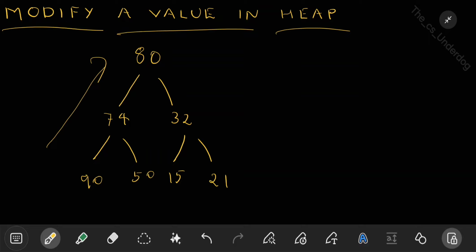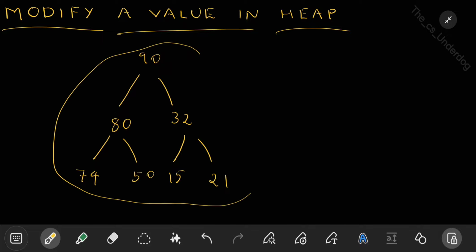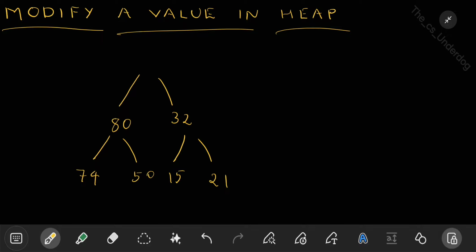I'll check 90 with 74, which is larger. 90 is larger, so I'll put 74 here, 90 here. Again, I'll check 90 with 80, which is larger. 90 is larger, so 80 will come here, 90 will come here. This is how I heapify up. Now this is a heap. Whenever I reach the root, it is a heap. I'm reversing it back, 74 here.